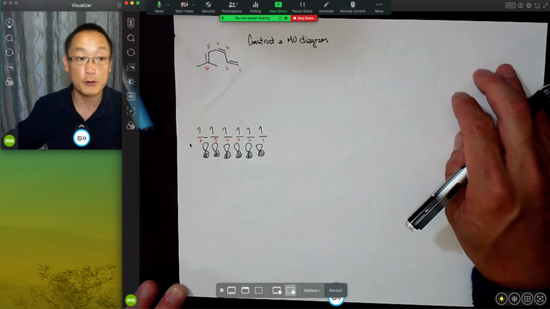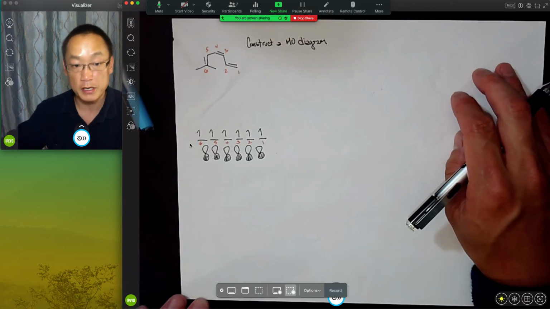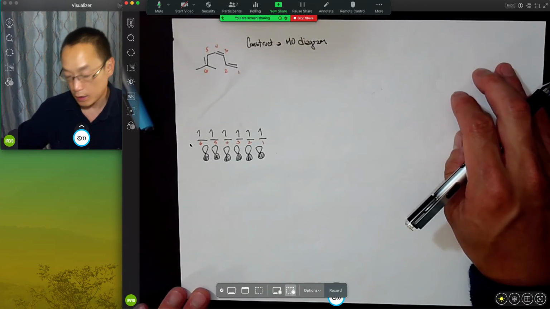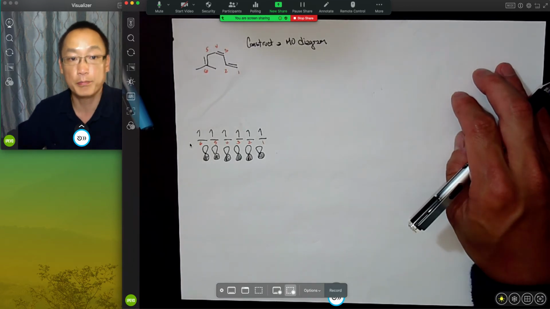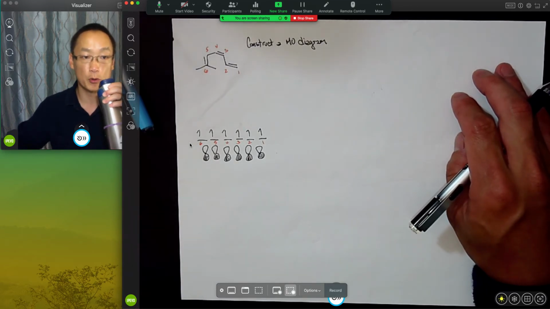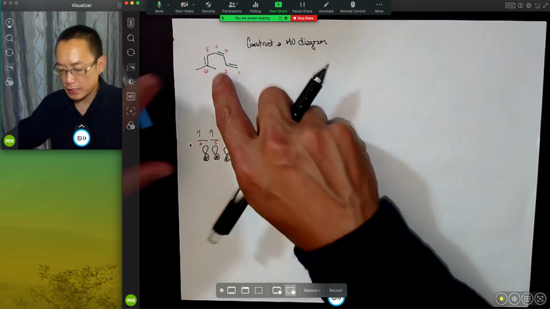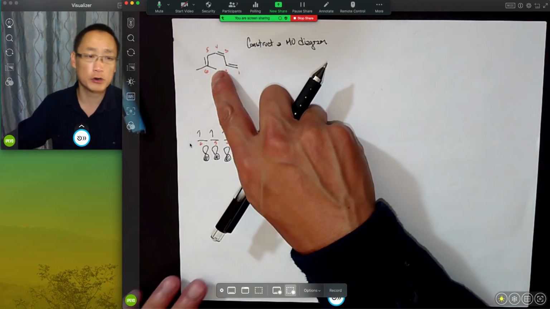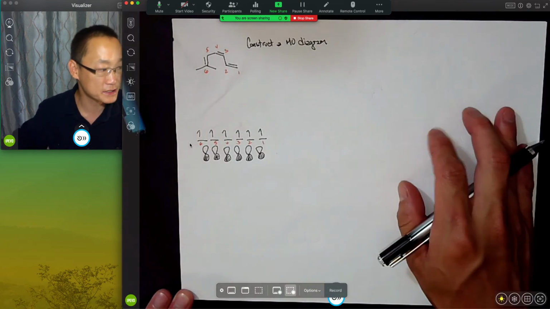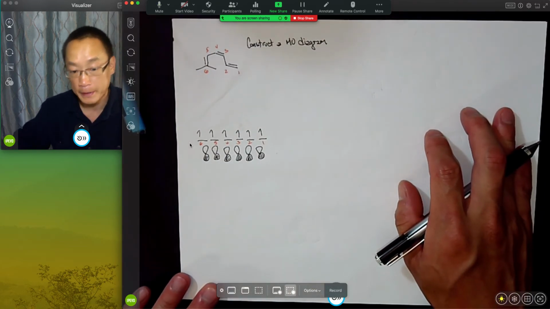Well, if we want to construct an MO diagram here for this system, and again, we're just looking at the pi portion. You don't have to worry about the sigma portion. These 2 carbons right here, we don't have to worry about those. They're not part of this pi system at all.